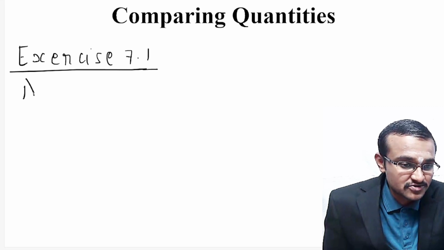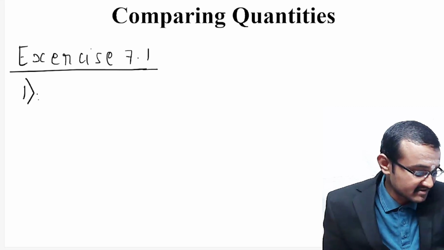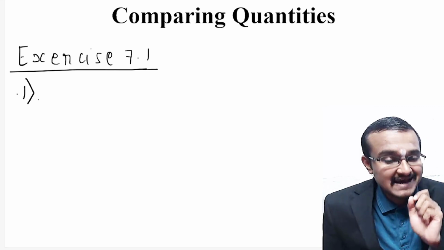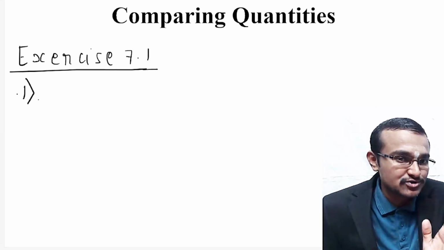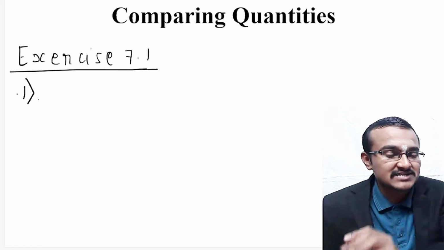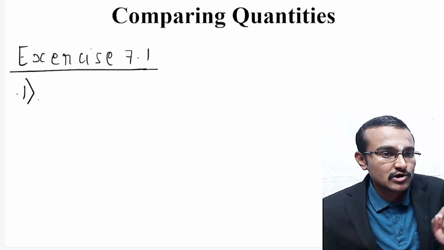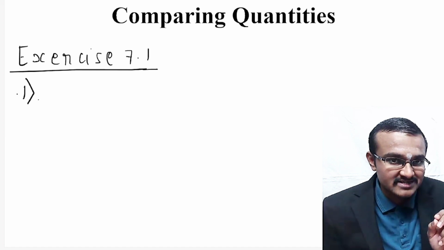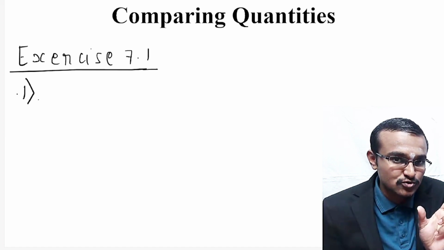Coming to the first question, here they have given 3 parts, and they have asked us to take the ratio of the quantities given there. Ratio can always be taken between 2 quantities. So they have given 2 quantities and you should take the ratio of those 2 quantities.